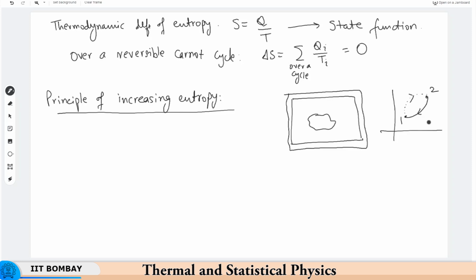So this is irreversible, this is reversible. And we saw using the Clausius inequality that S2 minus S1 in this case has to be greater than or equal to the integral of heat exchange over the irreversible path divided by the temperature, evaluated from state 1 to state 2.